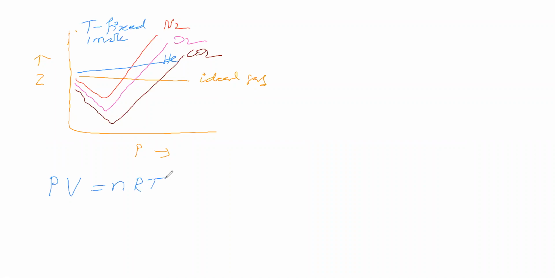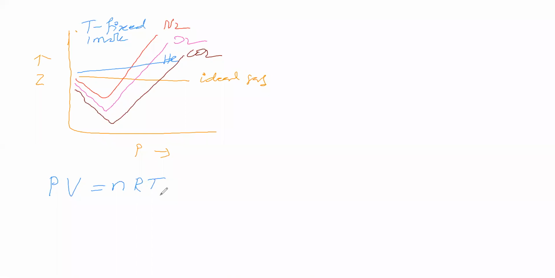Now this equation we cannot apply to all the gases under all conditions. It is the ideal gas equation, PV equals nRT. Can this equation be applied to all the gases under all the conditions? No. Why is it so?